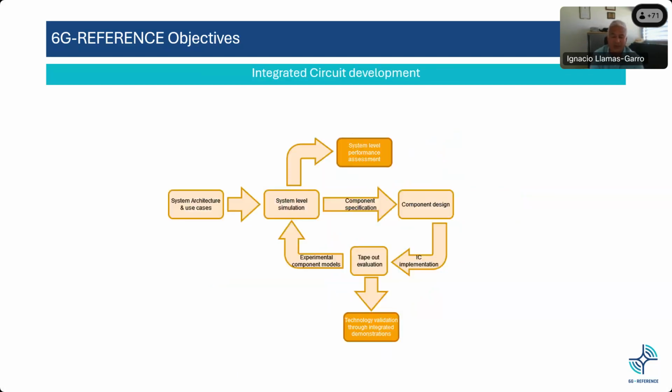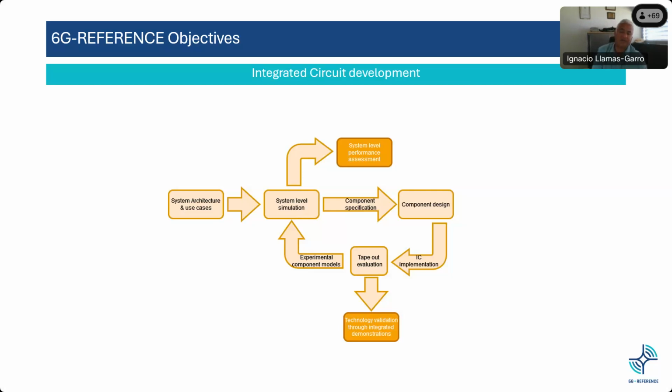The 6G reference project involves the development of hardware concepts and shows their feasibility in CMOS as 8 integrated circuits or chips. This figure describes the 6G reference technical life cycle. It will start with identification of a baseline 6G cell-free architecture and use cases, which will define the operating conditions of the technological enablers addressed in this project. Then system-level simulations of these enablers using the identified architecture will be performed with the aim of determining in depth the capabilities and technical specification of the different components to be designed.